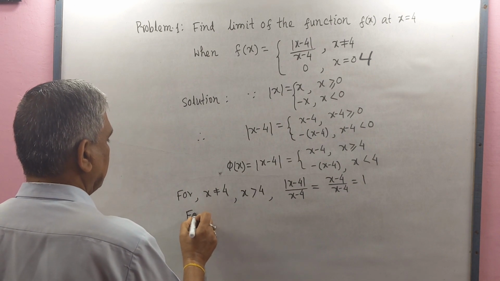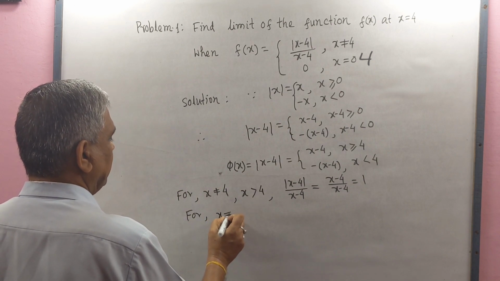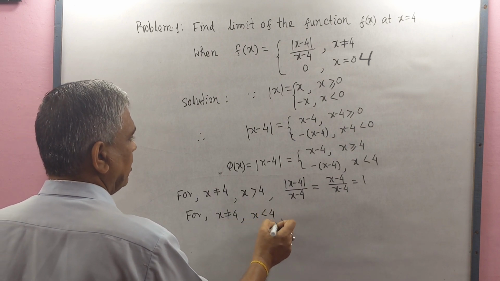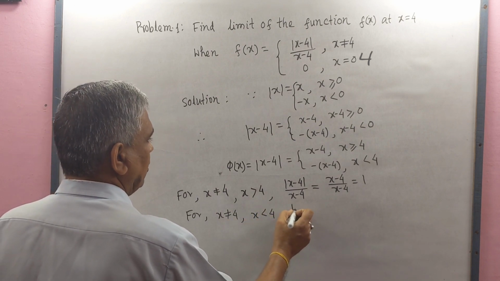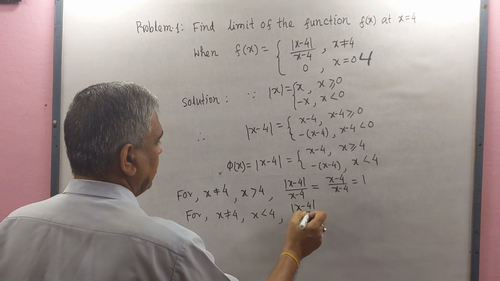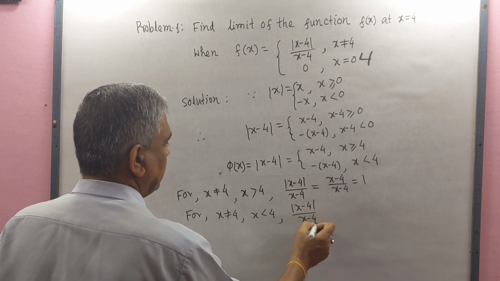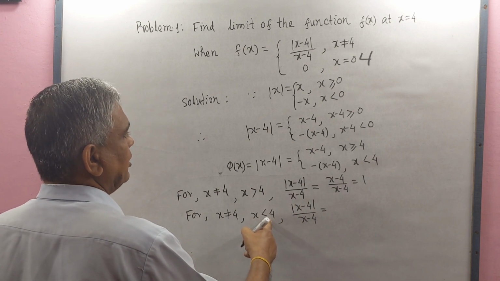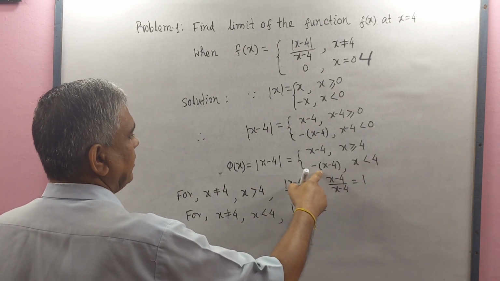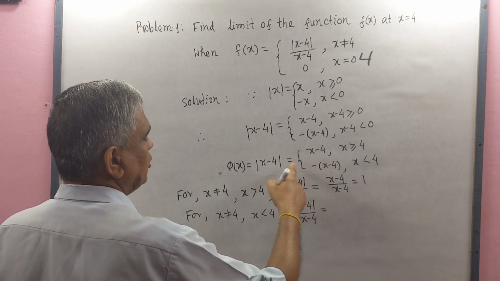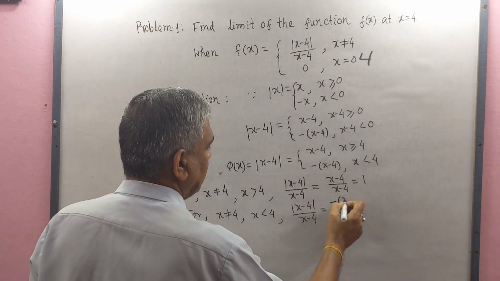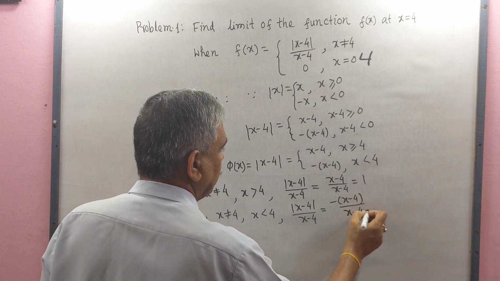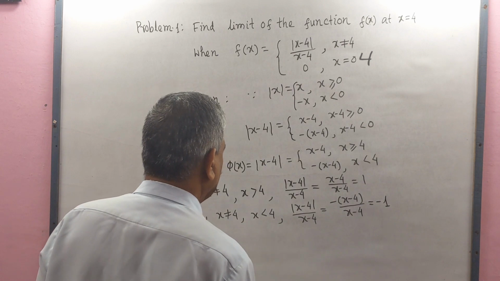For x not equal to 4, x less than 4, modulus of x minus 4 by x minus 4: in that case modulus of x minus 4 is minus (x minus 4), divided by x minus 4, this is minus 1.